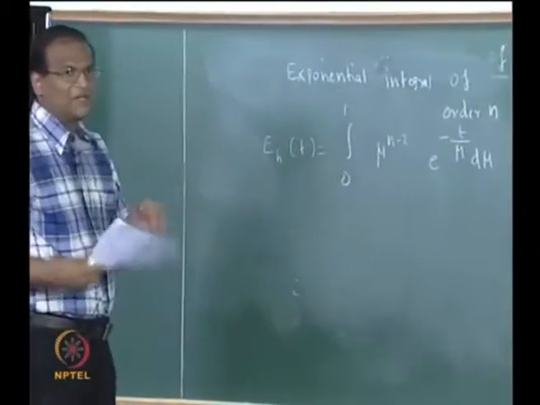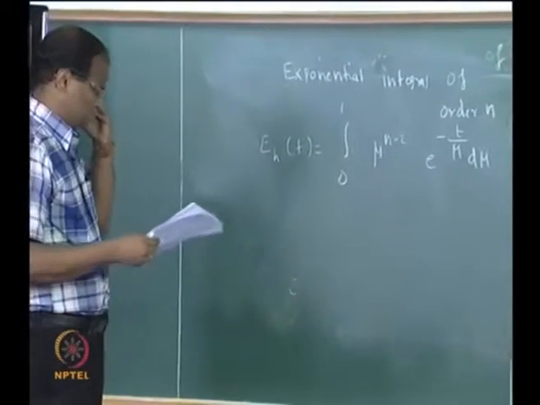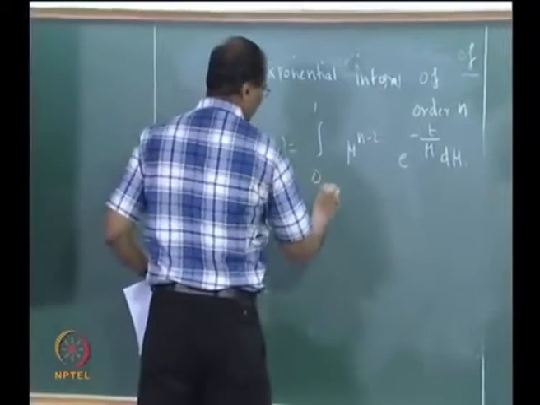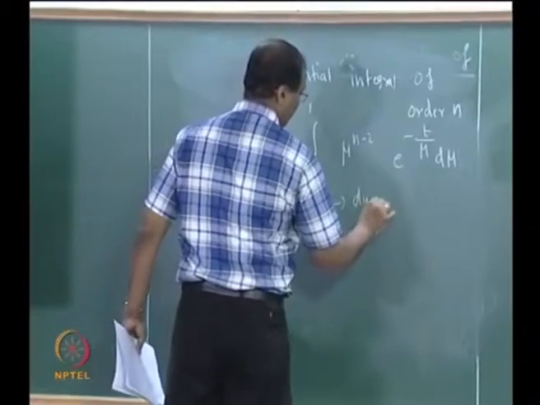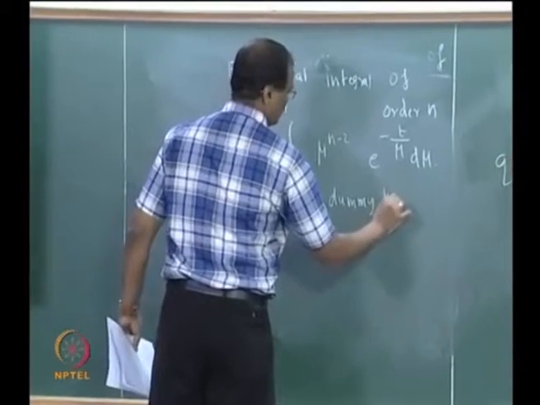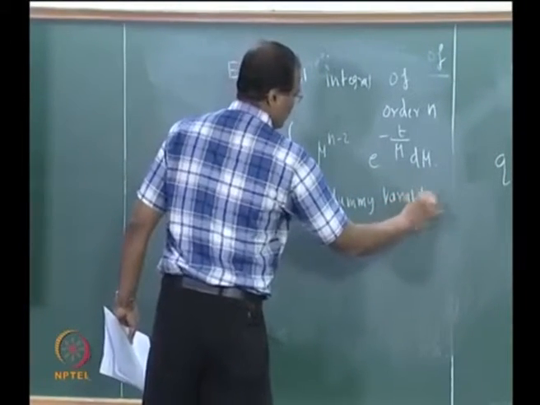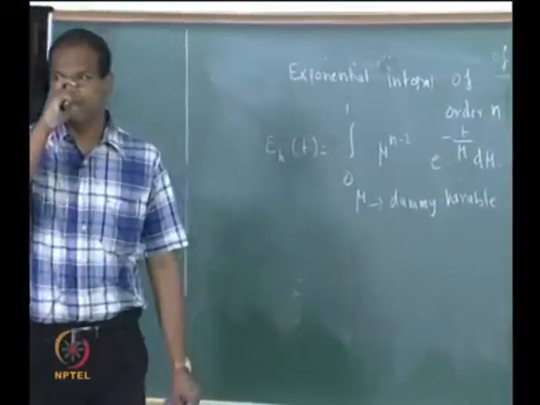That is the general exponential integral of order n. Mu is basically a dummy variable.